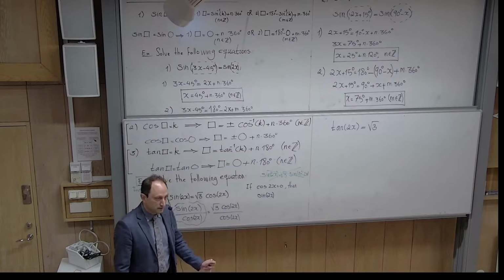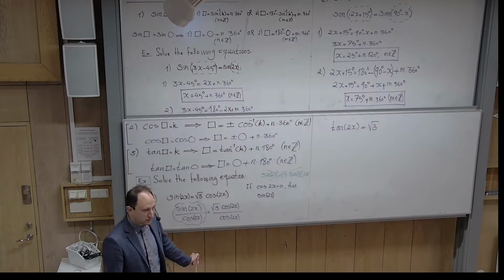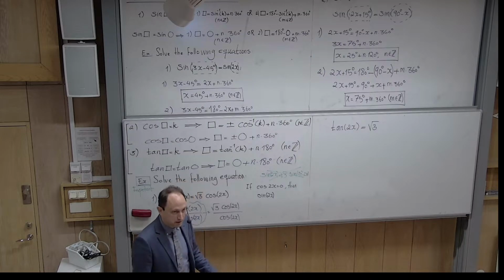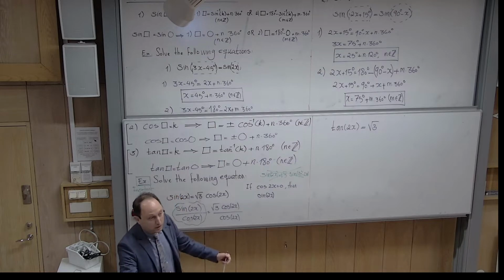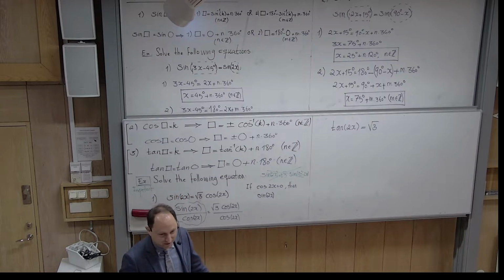Yes, Kamil? 1 or minus 1. Why is that? Because x would have to be 45 degrees and sine of 90 degrees as well. But I told you just 1 and minus 1. So how did you come to minus 1 then?